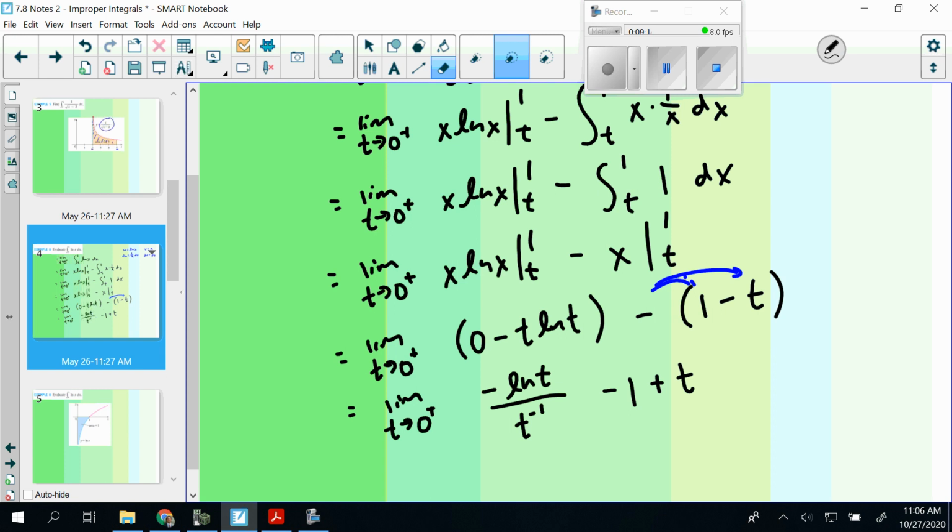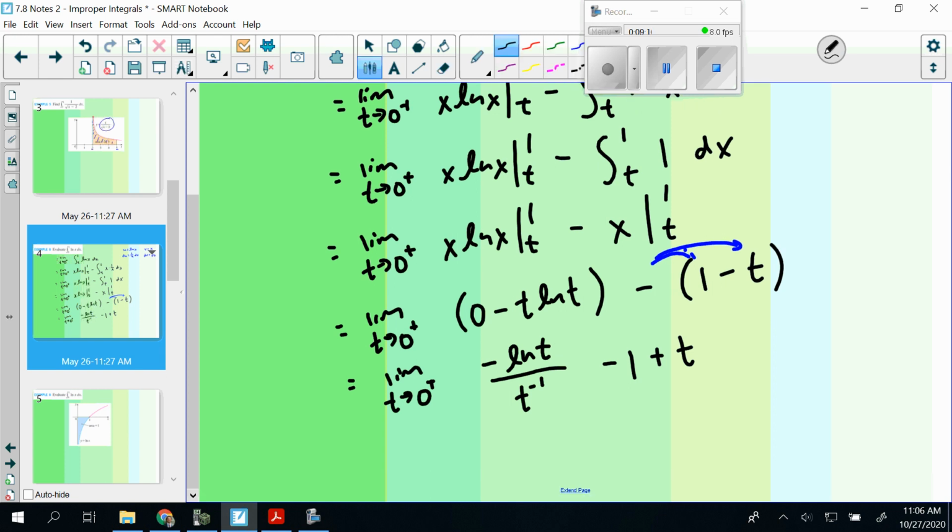So let's apply L'Hopital's rule to figure out our limit here. So let's indicate we're using it. So now this would end up being taking the derivative as 1 over t. Derivative of the bottom would be -t to the -2. I still got this -1 plus t here.